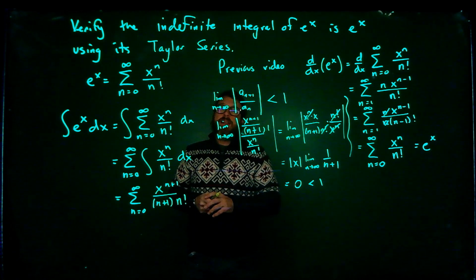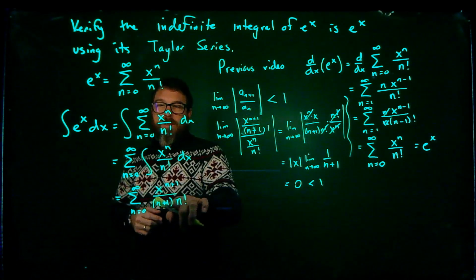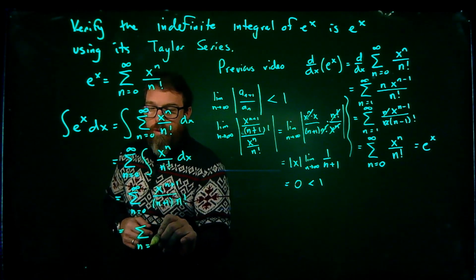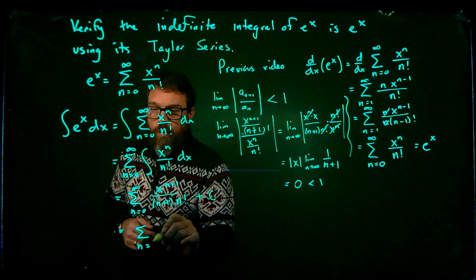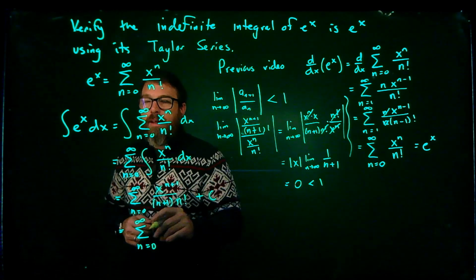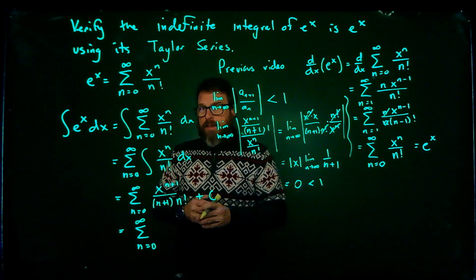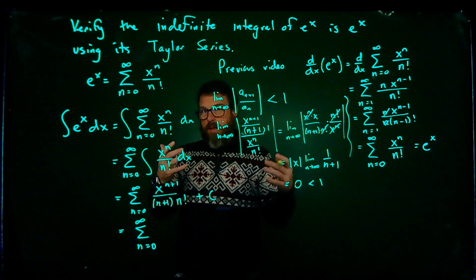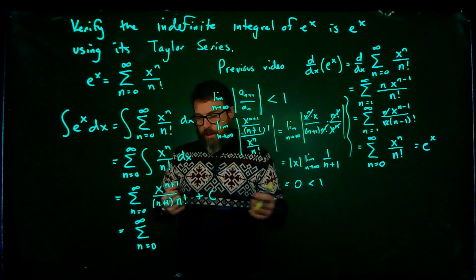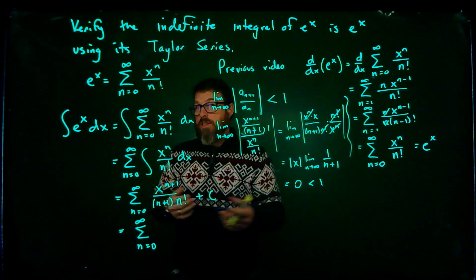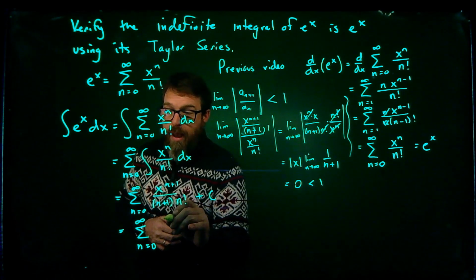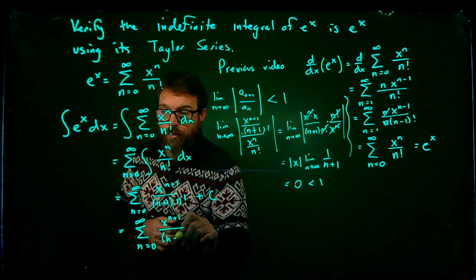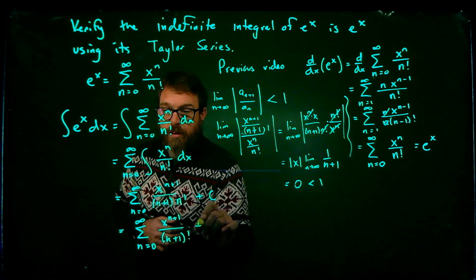Now, I know it doesn't look really the same, but this is going to be an n plus 1 factorial. They're not exactly the same because of this plus c part; really the indefinite integral and the original function must just differ by a constant, and that's what we have here. So this is going to be n plus 1 times n factorial on the bottom, which is n plus 1 factorial, plus c.